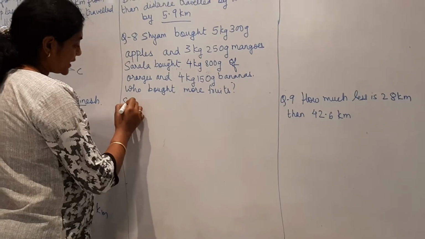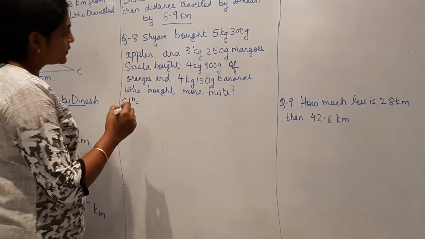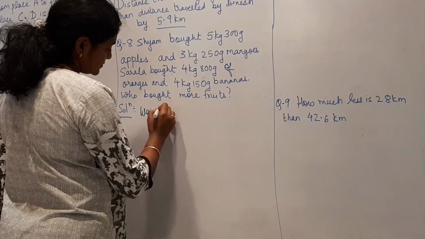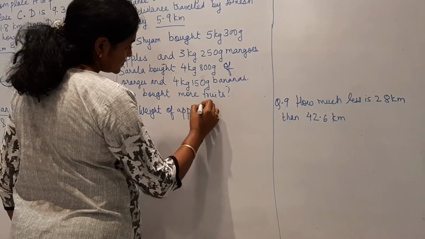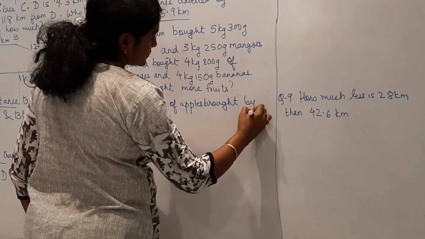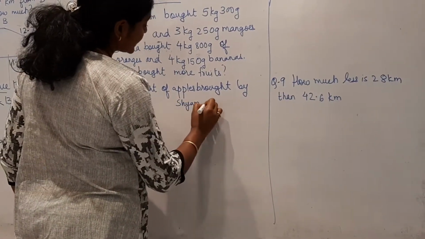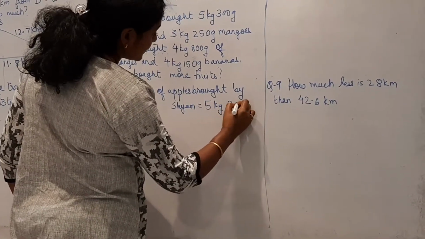So you will write weight of apples brought by Sham. So that is how much? That is 5 kg 300 gram.